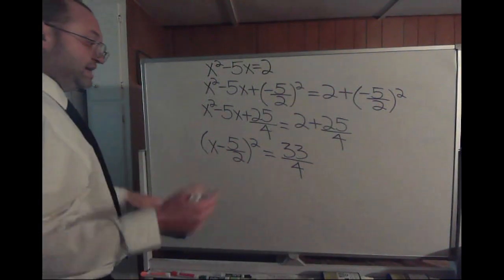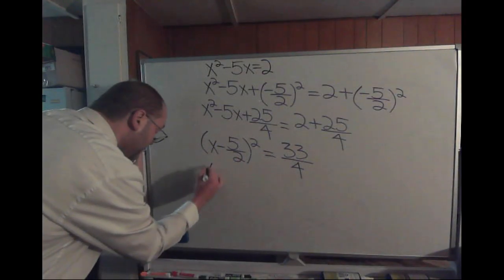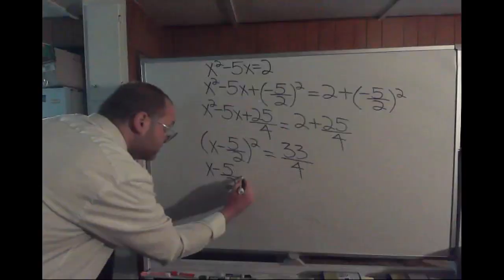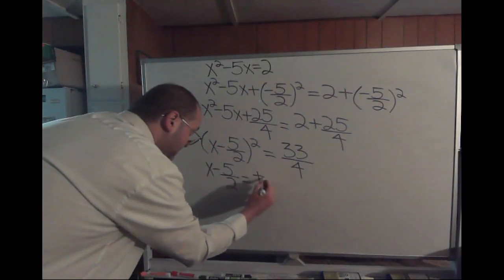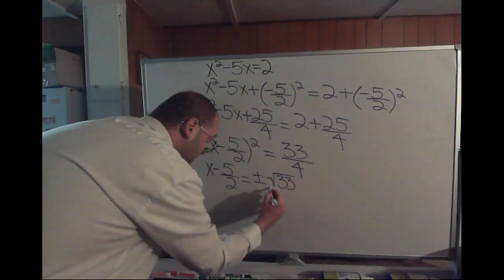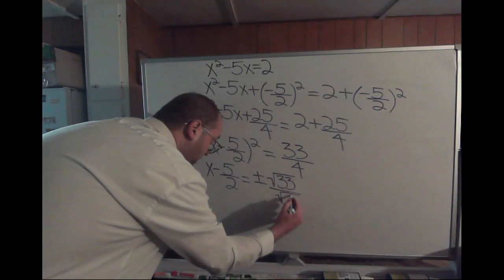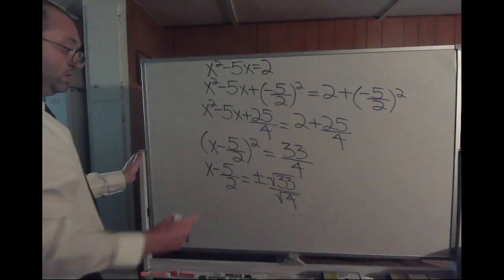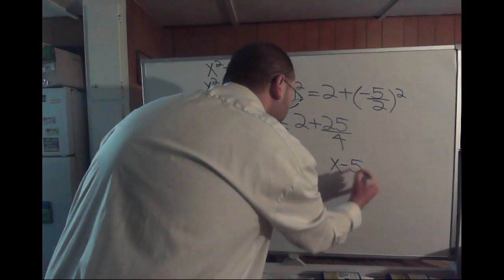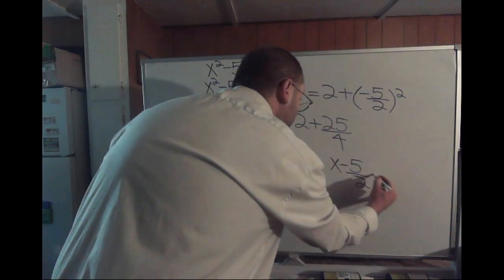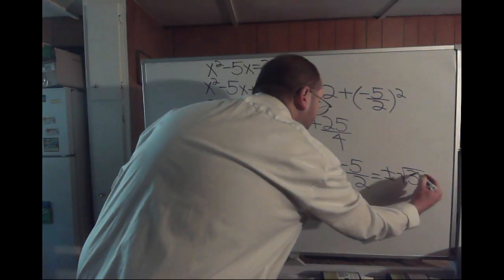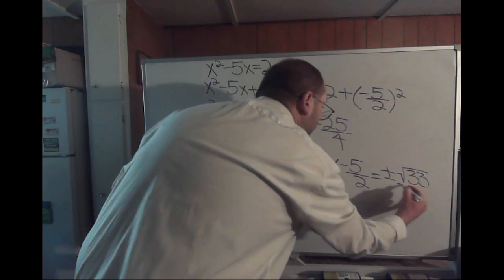Alright, so now we just take the square root of both sides. That would be x minus 5/2 is going to be equal to plus and minus the square root of 33 all over the square root of 4, which means that x minus 5/2 is equal to plus and minus the square root of 33 all over 2.